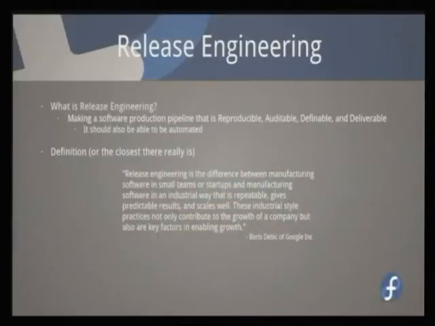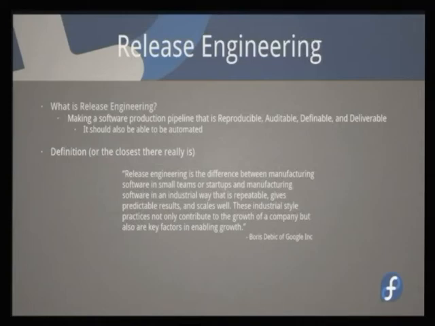So release engineering. What is release engineering? I want to go through this very briefly just to explain why some of the things that we do are the way that they are, instead of just saying, run Docker build on your laptop and ship it, because why not? It's making software in a production pipeline that is reproducible, auditable, definable, and deliverable.